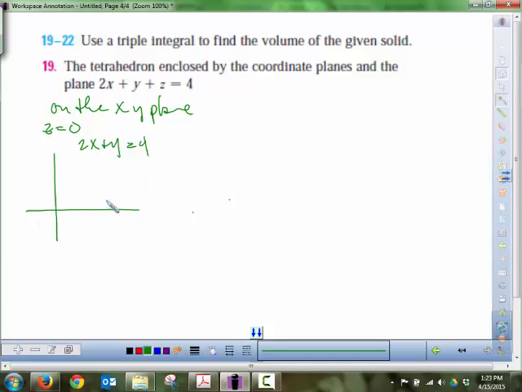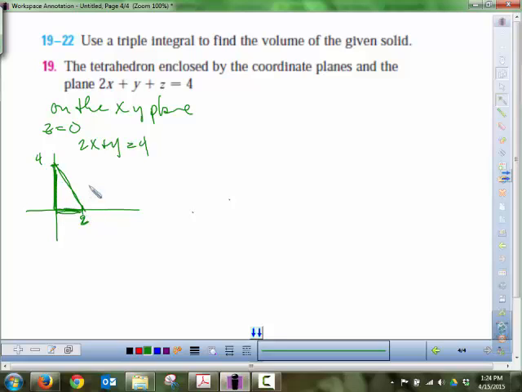And that should just be a line that has a y-intercept at 4 and an x-intercept at 2 or 8? 2. And it's probably in the first octant.